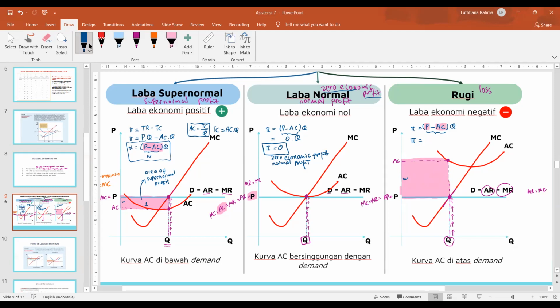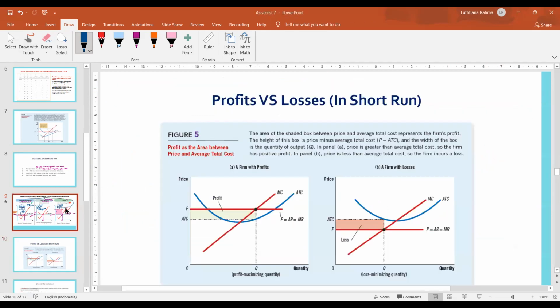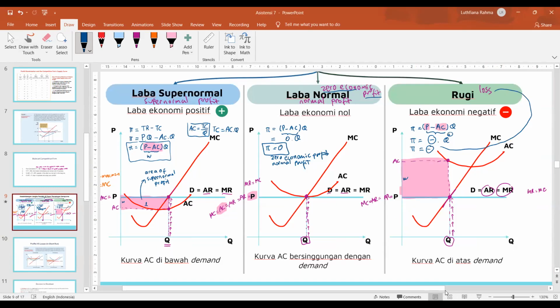So P minus average cost will be a negative number, and a negative number times Q, which is positive, means the profit will be negative. Or we call it, here is the loss, right? This is the loss.